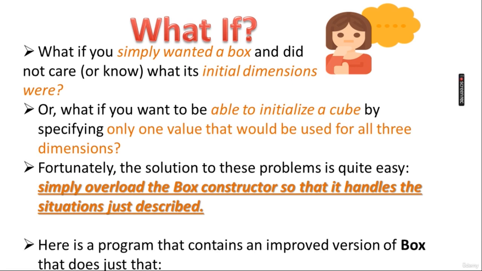It may be a case that you are initializing a cube by specifying only one value that can be the same for all three dimensions. Fortunately, the solution is simply to overload the Box constructor so that it handles the situations just described. Here is the program that contains an improved version of Box that does just that.